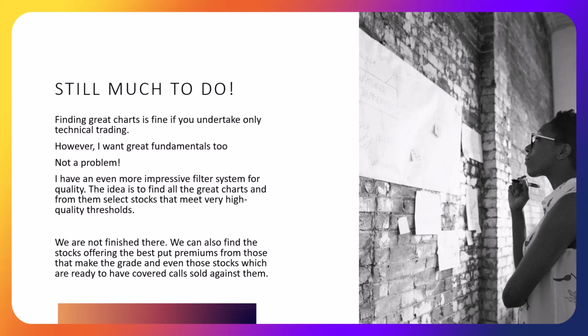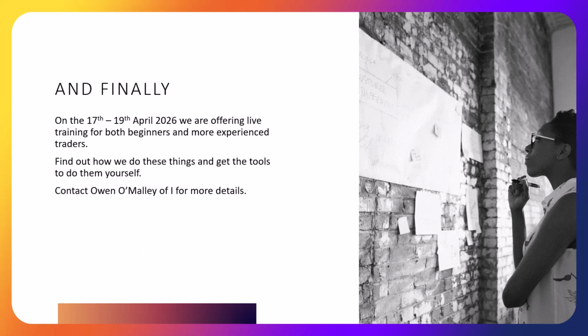But we're not finished there. We can also find the stocks offering the best put premiums from those that make the grade. And beyond that, for the stocks that we already own, those which are ready to be considered for selling a covered call against.